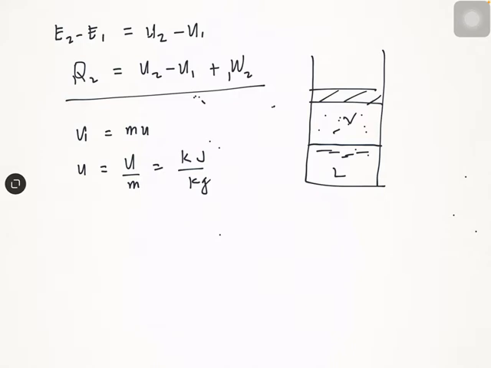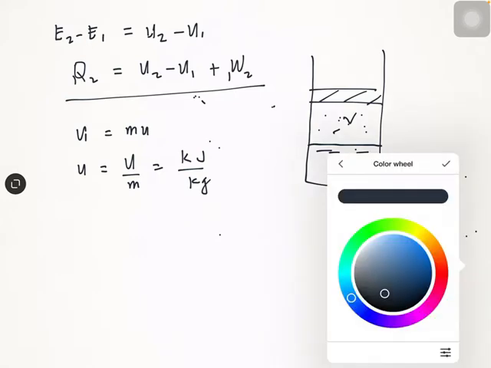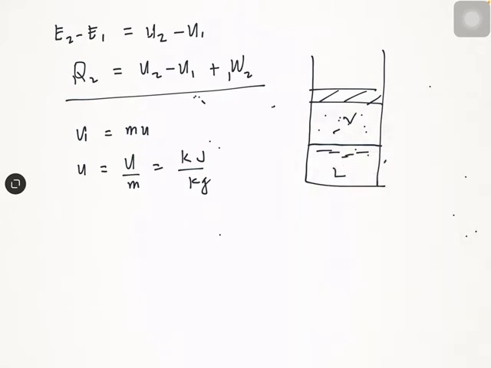Here we have the internal energy Uf and internal energy Ug. The total mass here, of course, is the mass of our liquid plus the mass of our vapor.